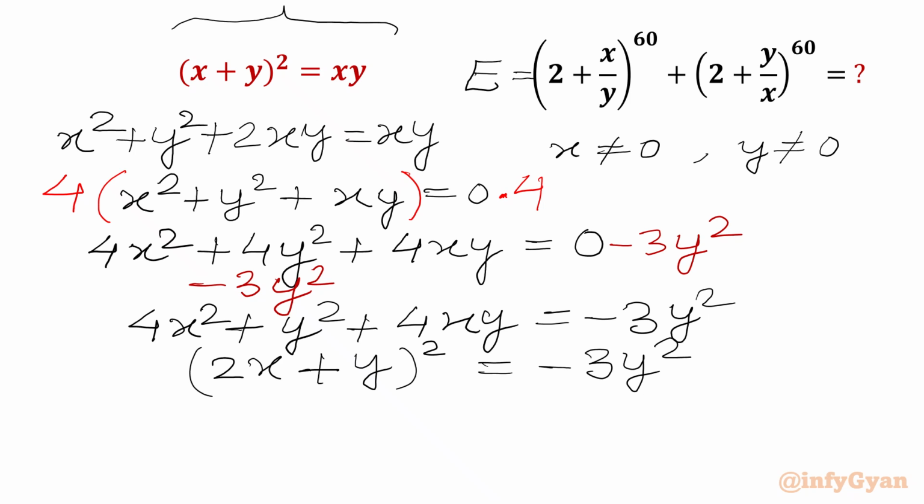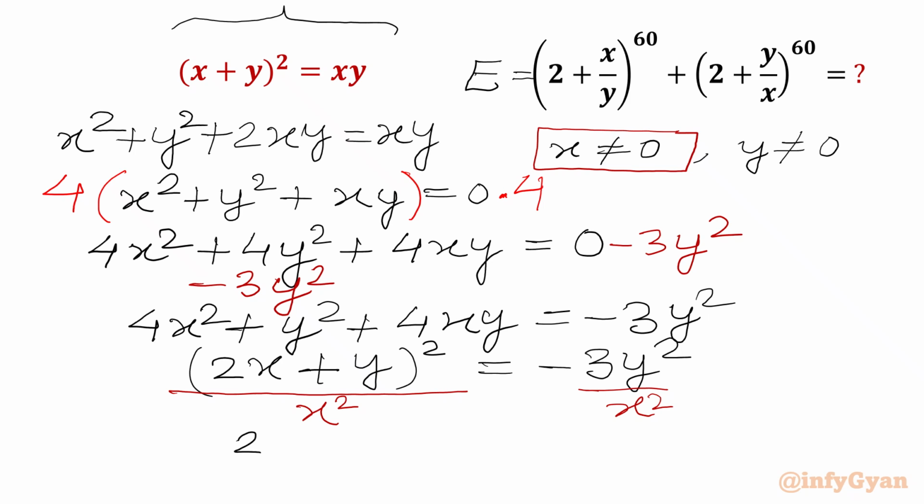Now we will divide both sides by x^2, as x cannot be 0. So we have power 2 in the numerator and in the denominator, so I can club both the bases and write ((2x + y)/x)^2.